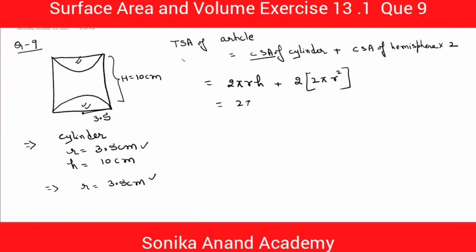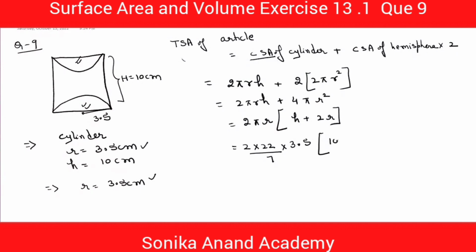So firstly we try to take the common. It makes our calculation easier. 2 pi r. So here I am left with h, here 2r. Then I substitute different values. Into 3 pi, 2 into 3.5. Now when we cut, it becomes 0.5.